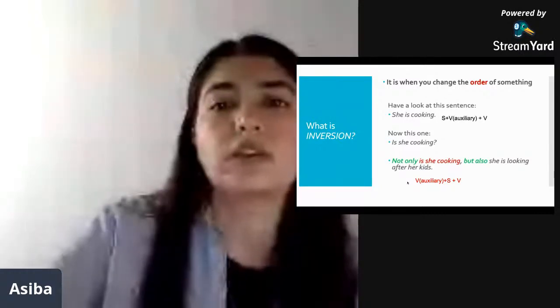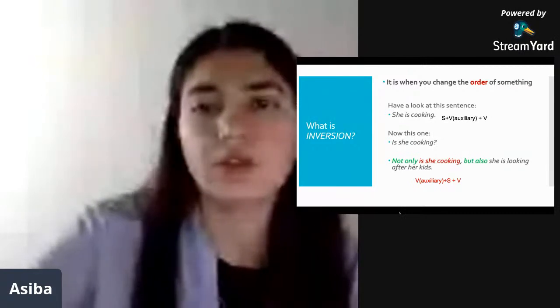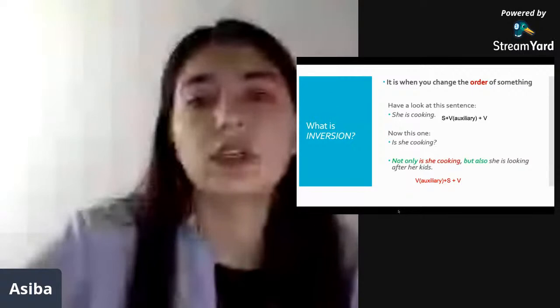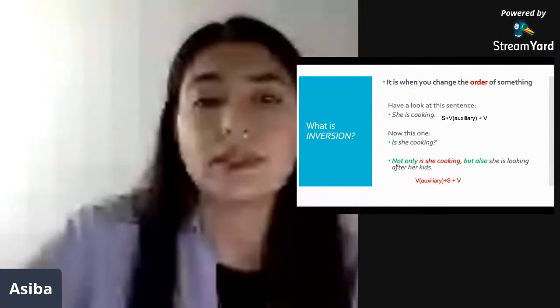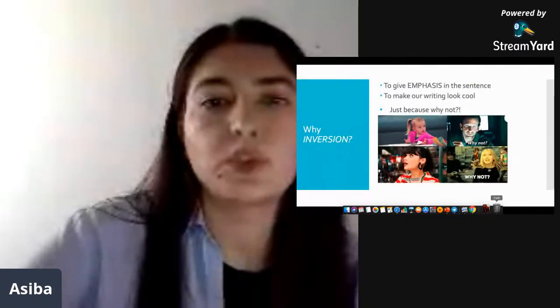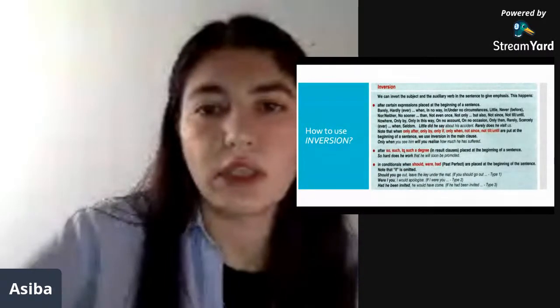So again, the sentence remains in an affirmative or negative structure, but the structure is inverted. And the phrases for inversion are used, which you can see here.